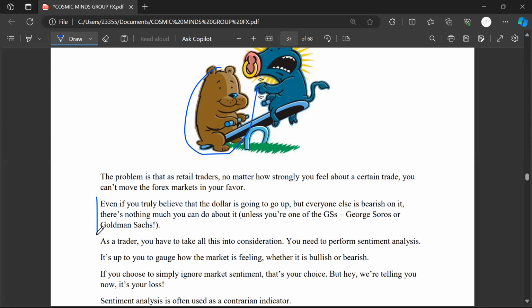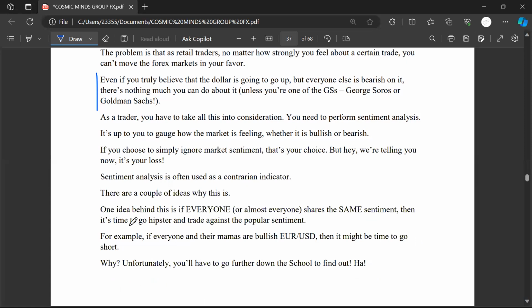But hey, we are telling you that it is your loss, right? You just have to have an idea of it. I do that. Even after studying my technical analysis, if I finally have to enter a trade, I just have to check the calendar for that day before I decide how much I want to go in, or whether I have to stay away from the market. So that's why we are saying that they go hand in hand.